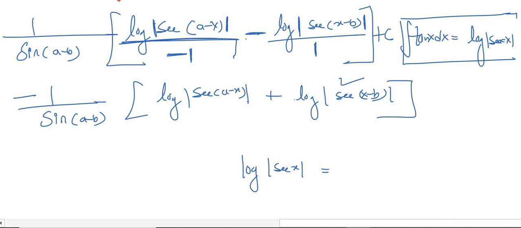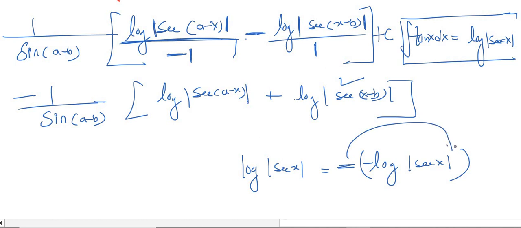In log, usually what happens, whatever is in front is a lag in my system. I'm sorry, guys. Minus of log of sec x. Can I write minus of minus? And in log, whatever is in front goes back to the power.